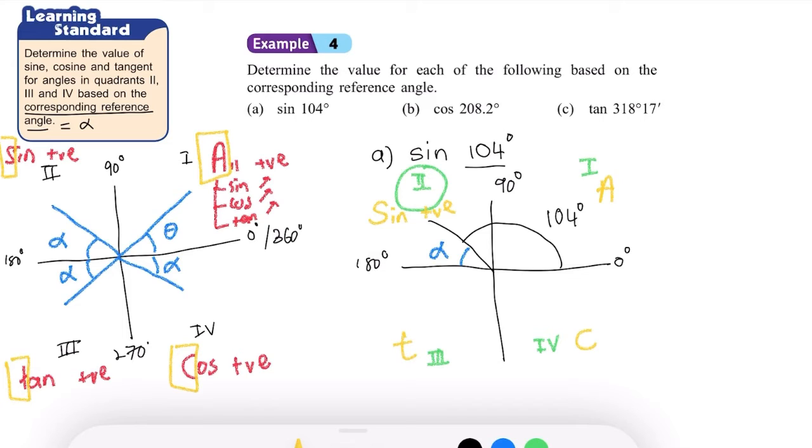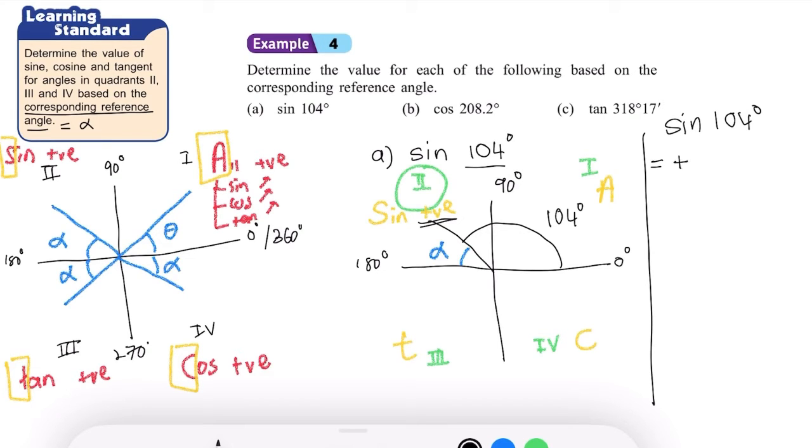So we are finding the value for sine 104 degree. With all the information we already get, we write down sine 104 degree is equal to positive, because our corresponding reference angle is at the second quadrant.